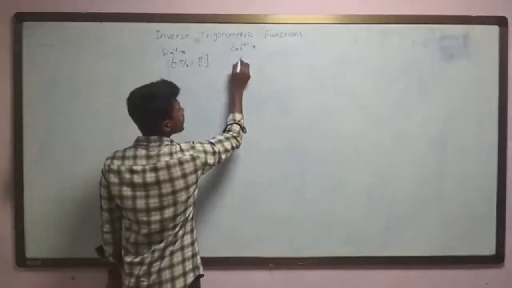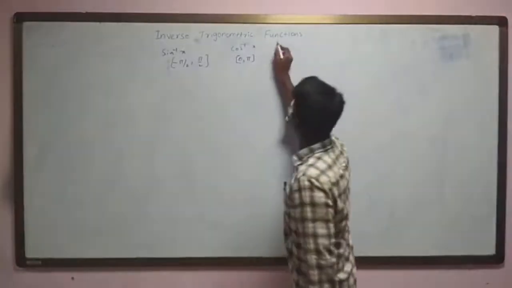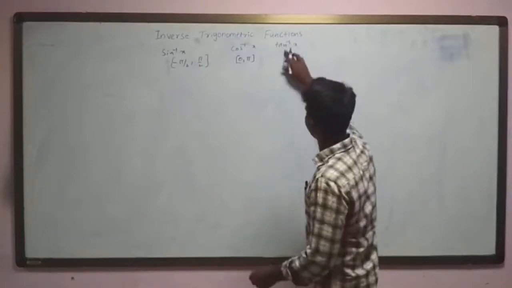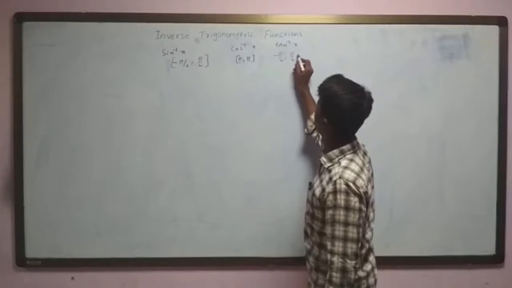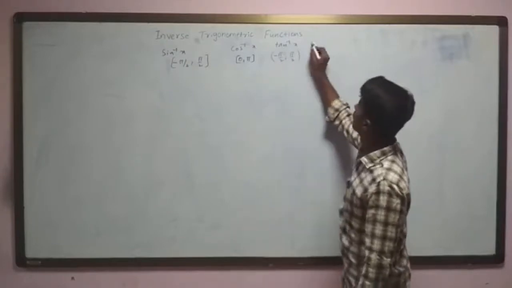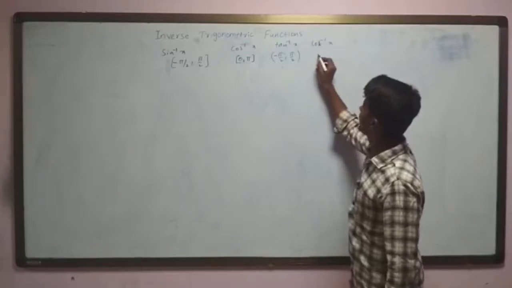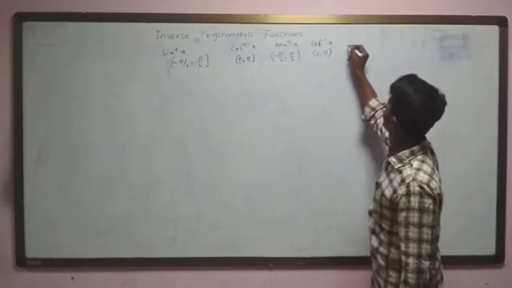So cos inverse x lies in between 0 and pi. Tan inverse x lies in between minus pi by 2 and pi by 2, both open. Cot inverse x lies in between 0 to pi, both open.